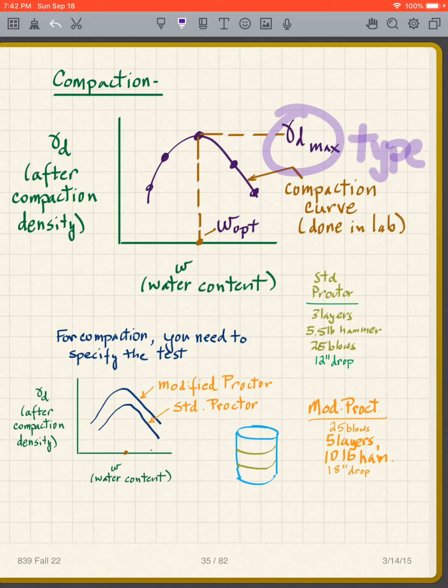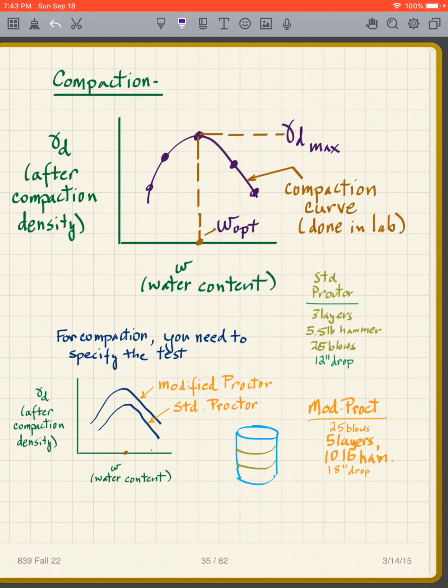I shouldn't just write gamma D max, I should write gamma D max and the test type. There's also the AASHTO and the modified AASHTO. They're all just variations in number of layers and hammer blows and that sort of thing.